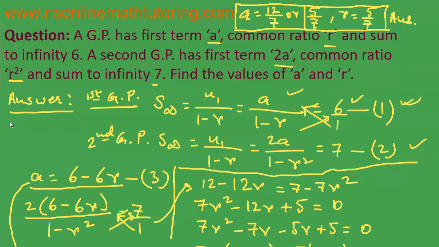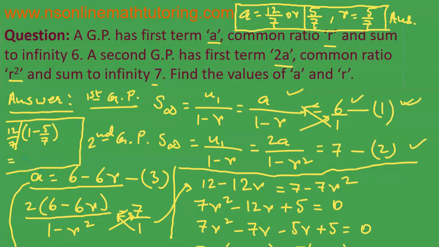So I'm having this small space remaining. Let me try to fit in. So it will be 12 over 7 divided by 1 minus R, which is 5 over 7. And 1 minus 5 over 7 is 2 over 7, right?